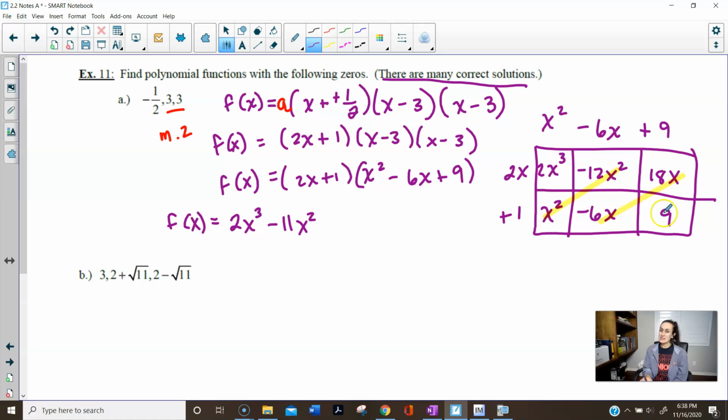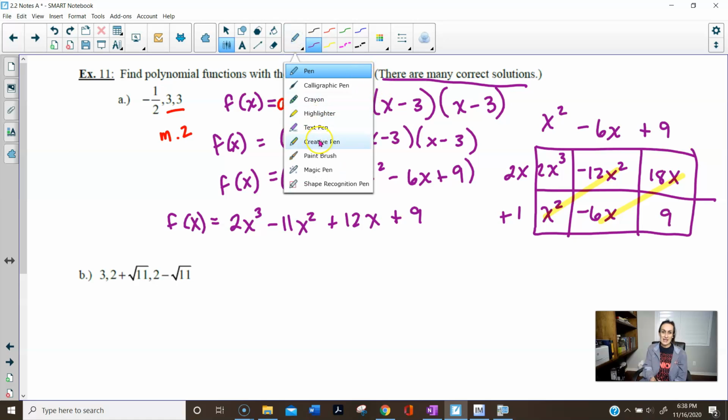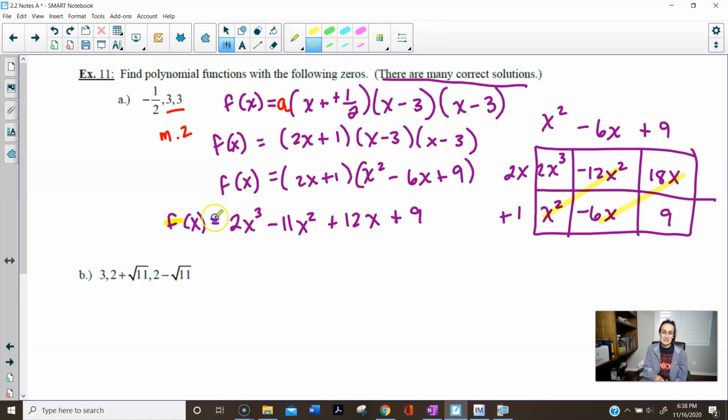Negative 6x plus 18x is going to give me 12x. So plus 12x. And then I have plus 9. All right, and there is my final answer. This is a polynomial function that has zeros of negative 1/2, 3, and 3. And if you're not sure, graph it and see if those are your zeros.